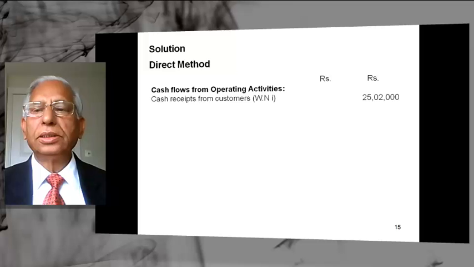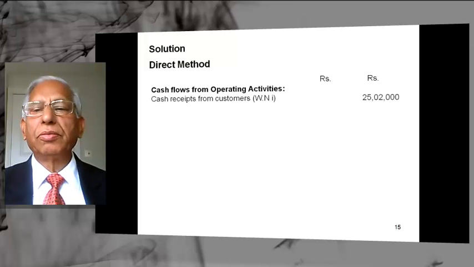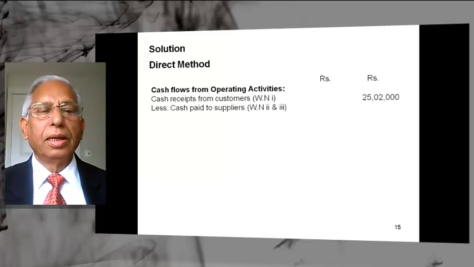Here you see the item. This is 25 lakhs 2000 rupees. This cash we have received from customers. Working note will explain you how this item has arrived. From this, we deduct cash paid to suppliers in working note 2 and 3. I will just show you working note 2 and 3.